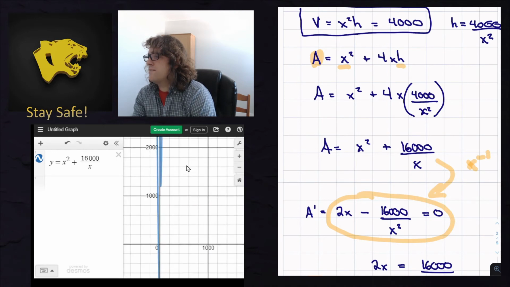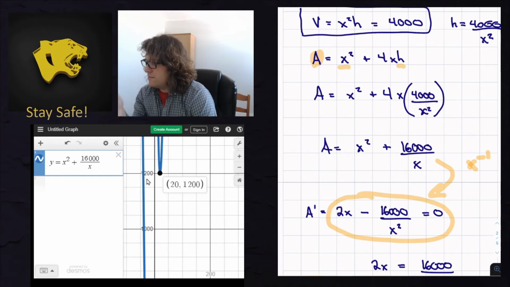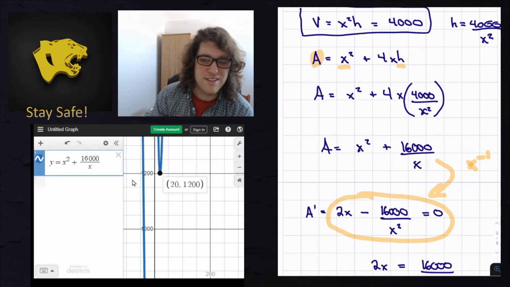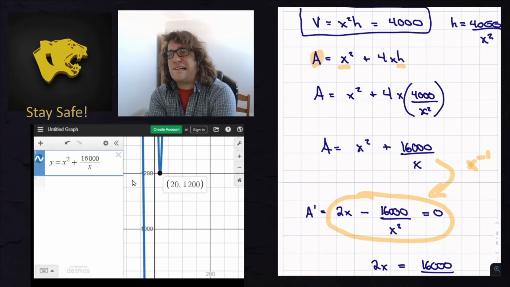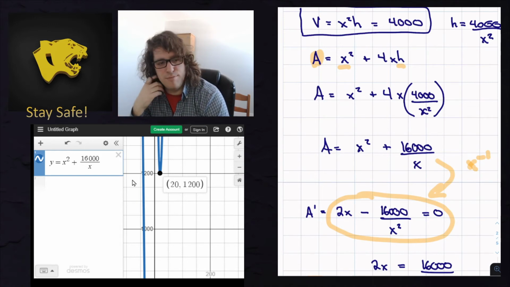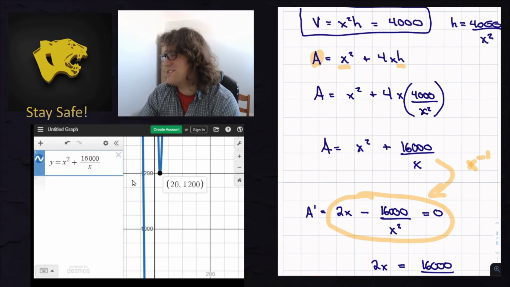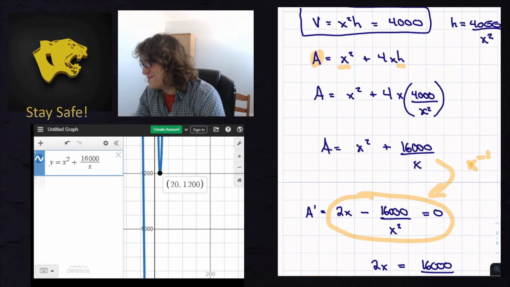So we found that single critical number over here, and happy with how that panned out. Technically, on the other side, it comes down from negative infinity, but again, that doesn't give a realistic parameter for the problem. We don't care about the size of this box when the square base has a negative 0.001 centimeter dimension times another negative 0.001 dimension. It just doesn't make any sense.